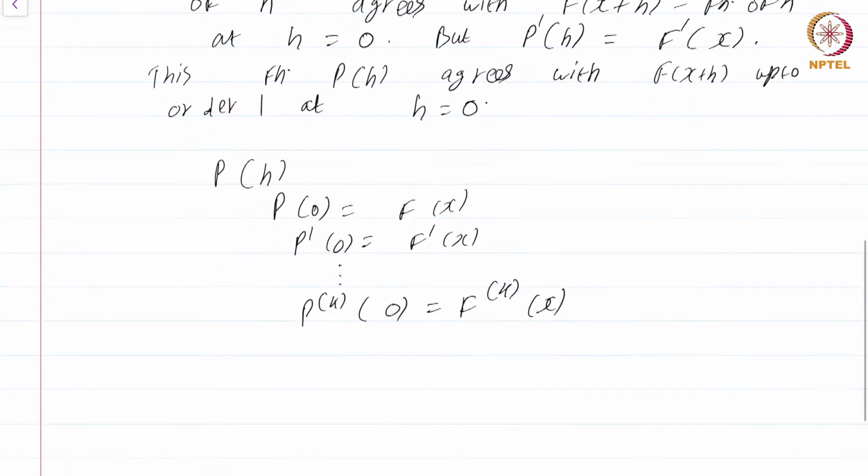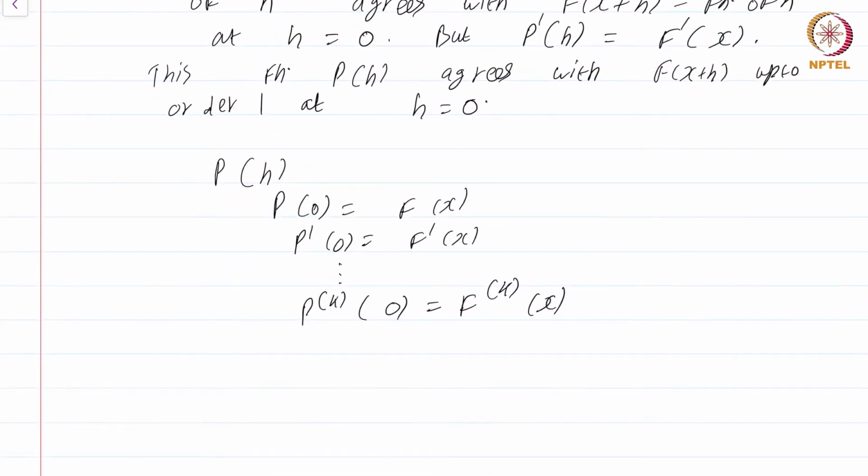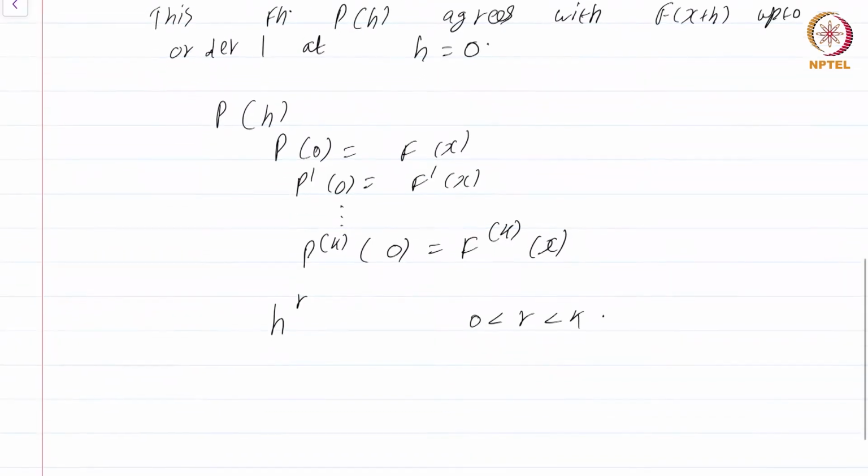Now, if you think about this for a moment, you will soon understand that it might be a good idea to use these special monomials of the form h to the r, 0 less than or equal to r less than or equal to k. Look at these special monomials h to the r. Look at the derivative.